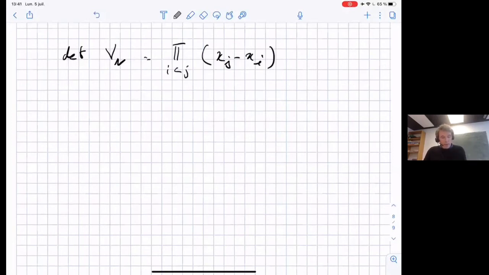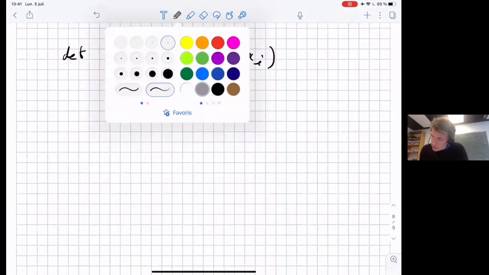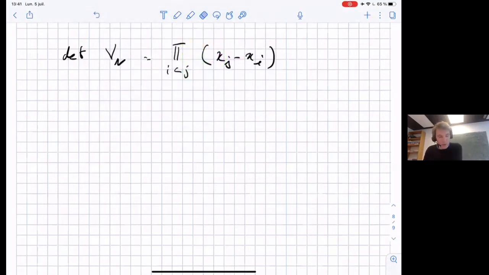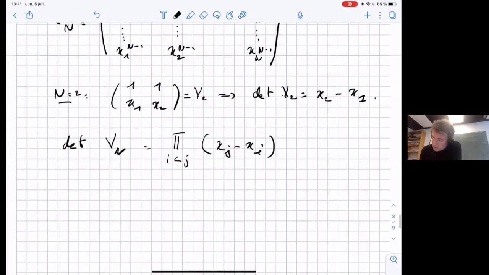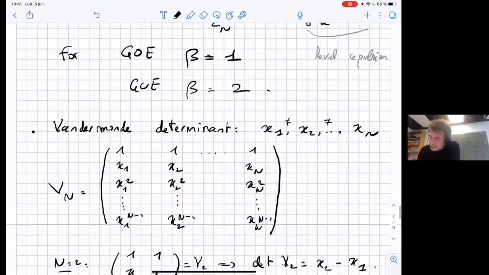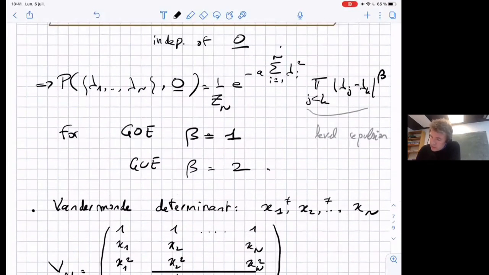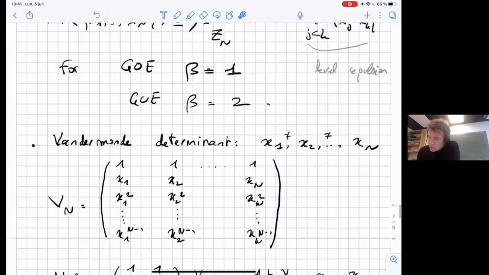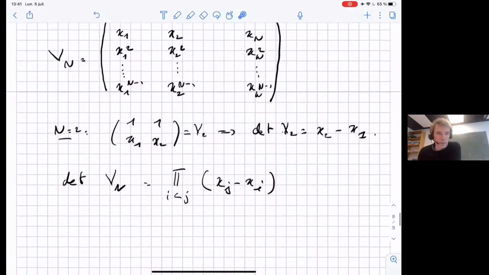But before discussing fermions, I want to discuss the connection to Dyson's log gas, the Coulomb gas approach. Here, I have not yet settled this constant A. There are various choices.